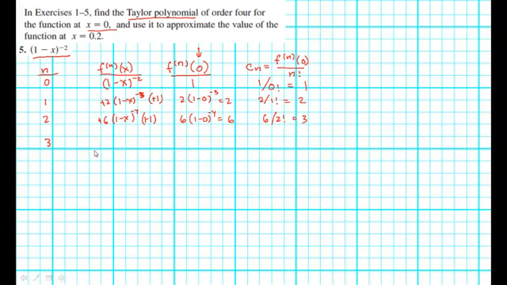And then on the third order, bring this power down, I get negative 24 times 1 minus x to the negative 5, and then I get the chain rule, and that makes it all positive. So I'm going to end up getting 24 times 1 minus 0 to the negative 5, and that's going to be 24. I'm going to end up with 24 divided by 3 factorial, which is going to end up giving me 4.